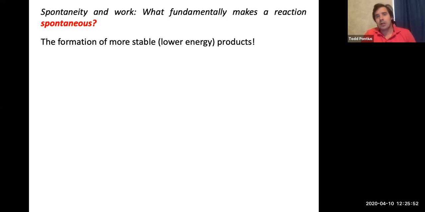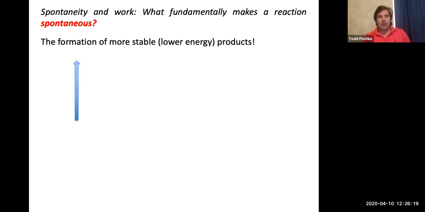A kindergarten classroom during a low energy time, like nap time, or a kindergarten classroom after the teacher, for some reason, gave all the children Red Bulls? I'm not sure that that's legal, but which one's going to be more stable? The low energy, the chill time. Chemicals are the same way. The more relaxed they are, the more stable they are.